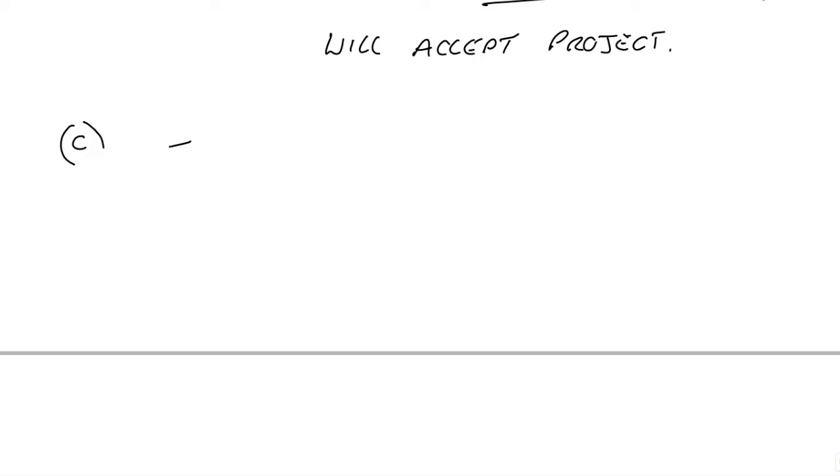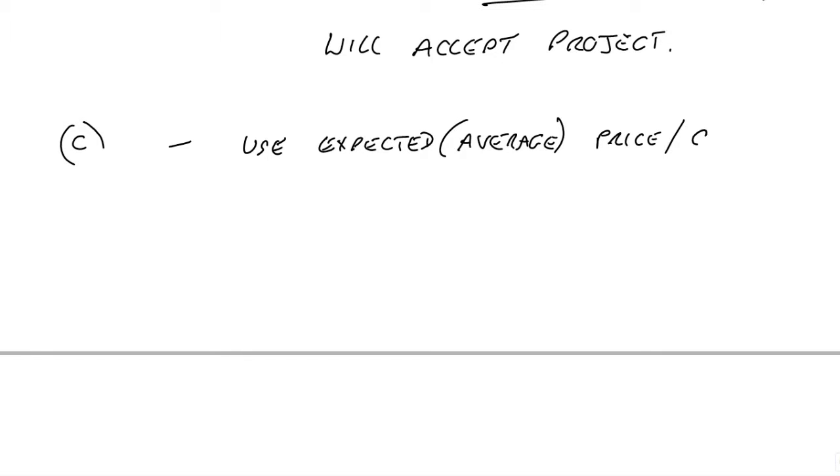When you've got various possible outcomes, various possible selling prices, what we are capable of doing is use the expected or average price or costs in the appraisal, not the individual ones.